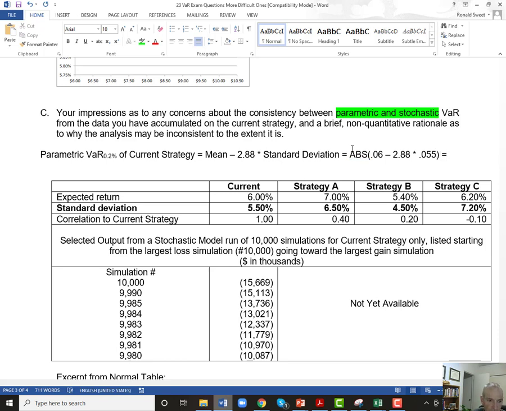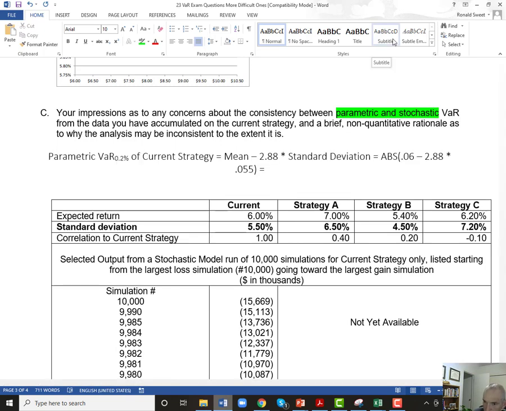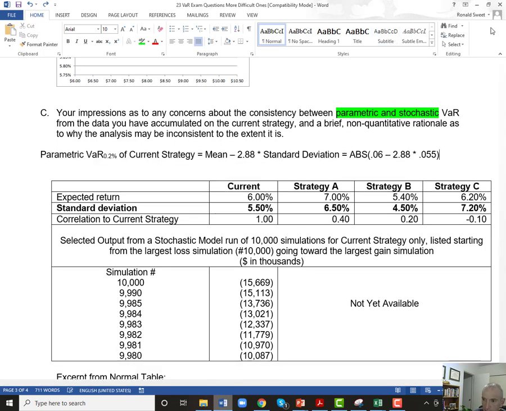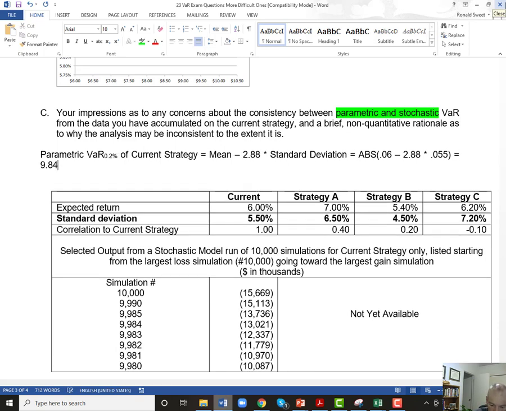And so you have to calculate that, then we'll convert it into dollars, because you're going to see that the stochastic model is in dollars, so we have to convert it. So if you take 0.06 minus 2.88 times 0.055, you'll get what we already knew. We saw that up above. We get 9.84%, or $9.84 million.